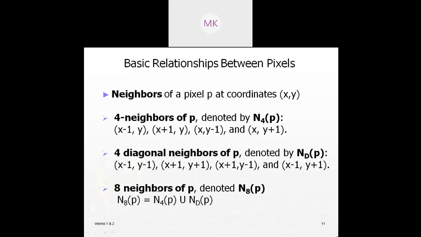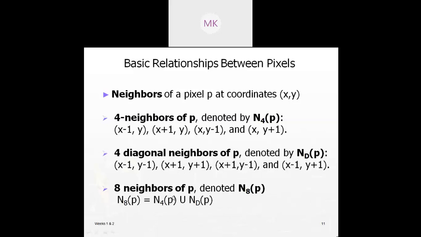Next we'll consider 8 neighbors. As the name indicates, 8 neighbors is represented by N8 of P, which is equal to N4 of P union ND of P. So it is the union of the 4 neighbors as well as the 4 diagonal neighbors.